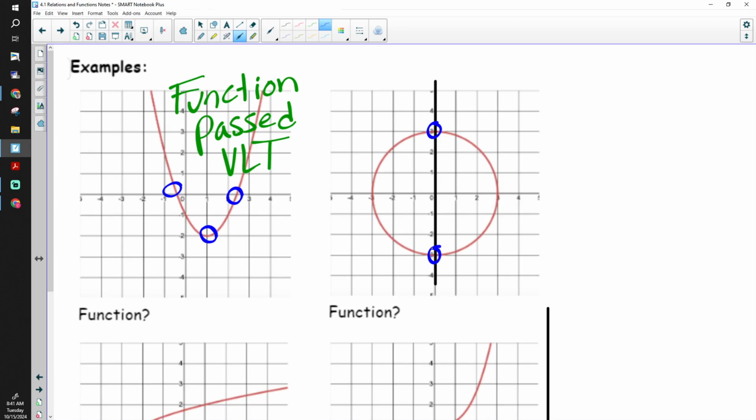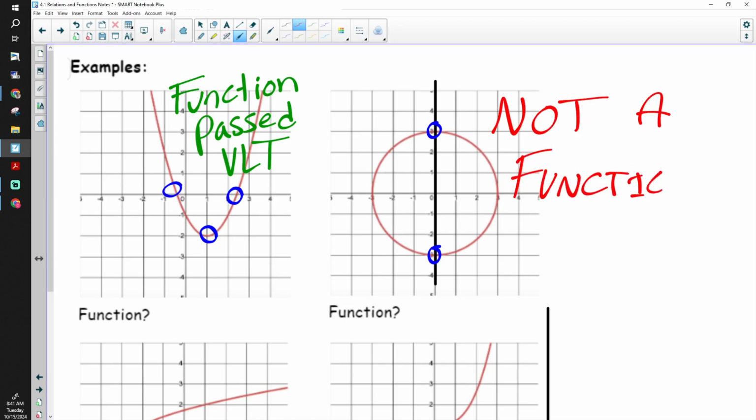Okay, you try the last 2 on that page. Not a function! Sad day. And so that's 2 touch lines.